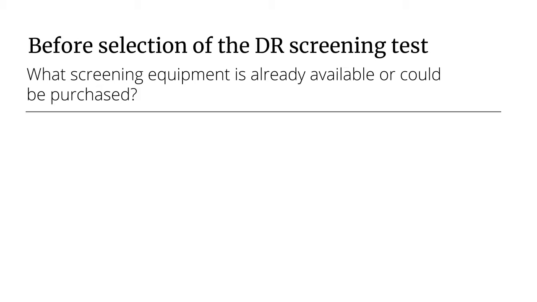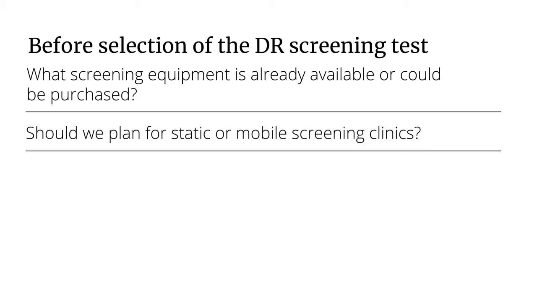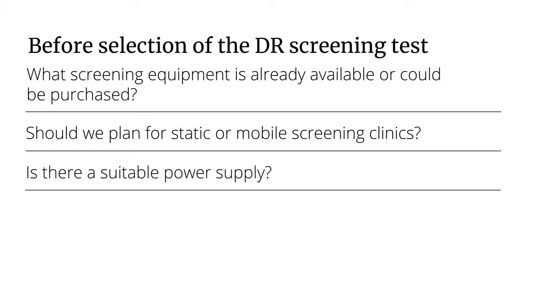And is the equipment going to be at a static site or at a mobile screening facility? The next step is to make sure that reliable power supply is available and power shortages will not damage the equipment, and the equipment is maintained regularly.